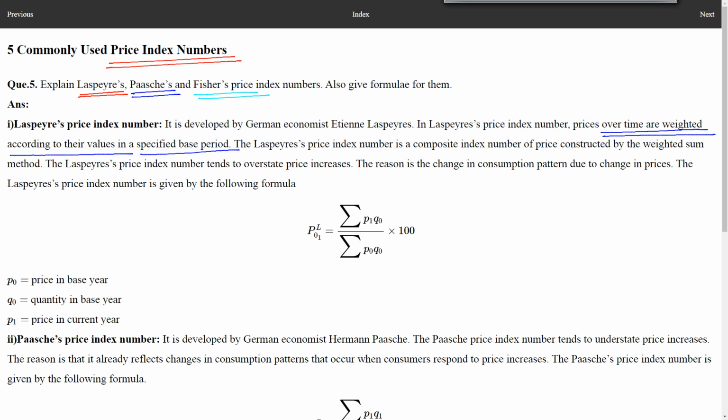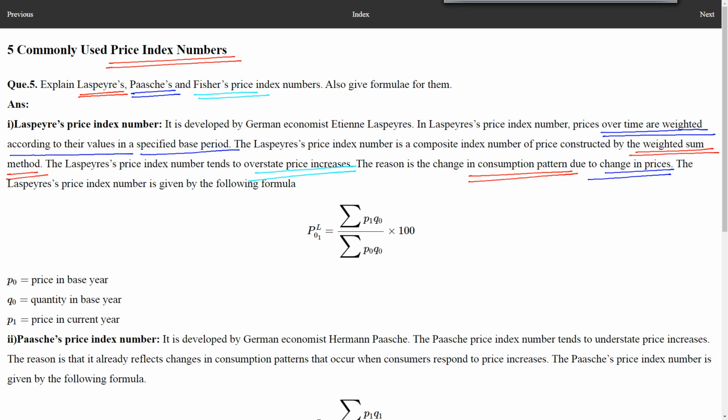The Laspeyres price index number is a composite index number of price constructed by the weighted sum method. It tends to overstate price increases. The reason is the change in the consumption pattern due to change in prices of consumer goods or commodities.